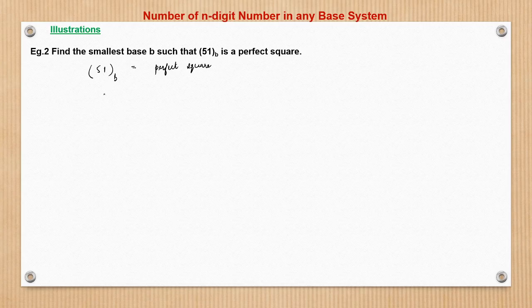So we can expand this. This becomes 5b plus 1 is a perfect square. Now we have to find the smallest b, right? So what are the possible perfect squares? 1, 2 square is 4, 3 square is 9. Now 5b plus 1 is in base 10, because we have expanded this.